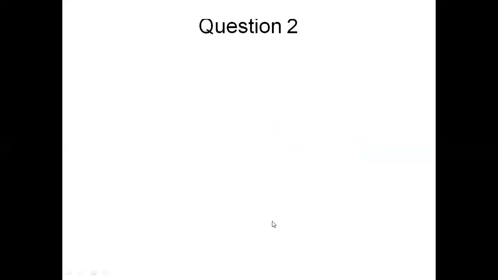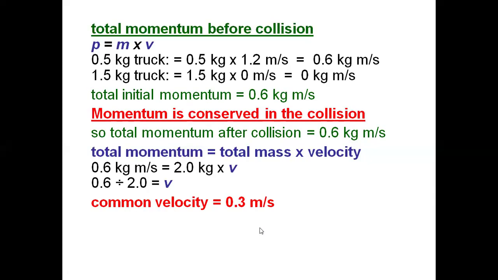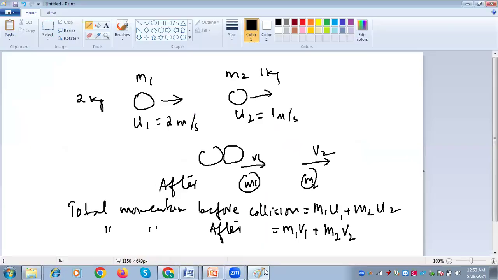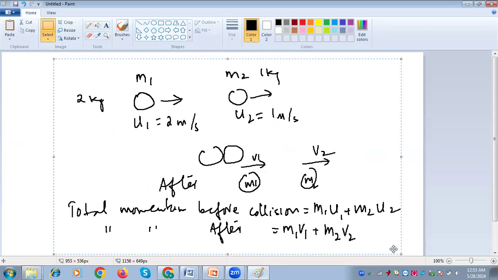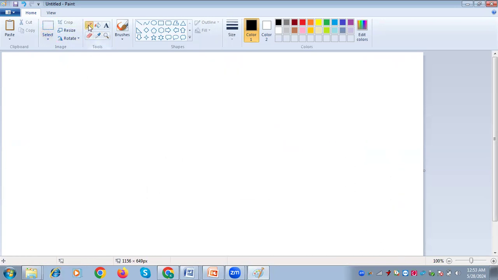Before we go to discuss question number 2, I will give you the picture of what we have discussed. This is truck A. Its mass was 0.5 kg and it was moving with 1.2 meter per second.